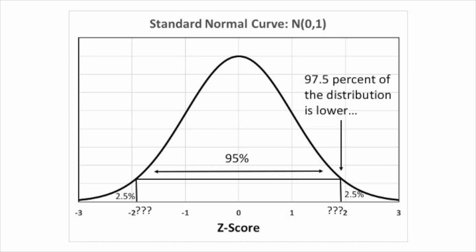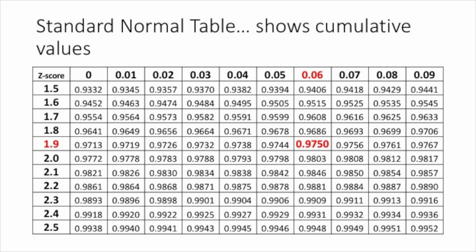When we go to look for the z-score that corresponds with the top 2.5% of the distribution, bear in mind that the standard normal table gives you a cumulative probability. So we'll really be looking for 97.5% of the distribution. Because with the cumulative, we're saying 97.5% of the distribution is below that point, 2.5% is above it. So here's a standard normal table.